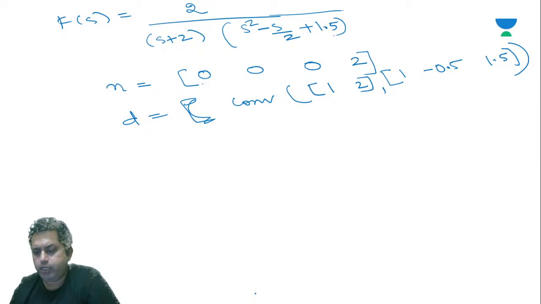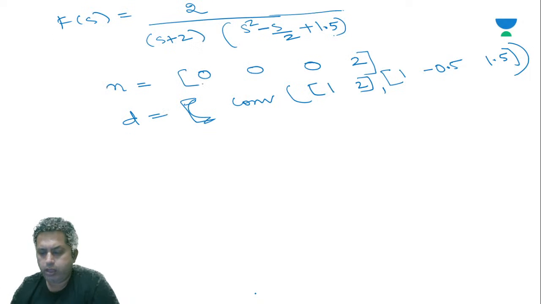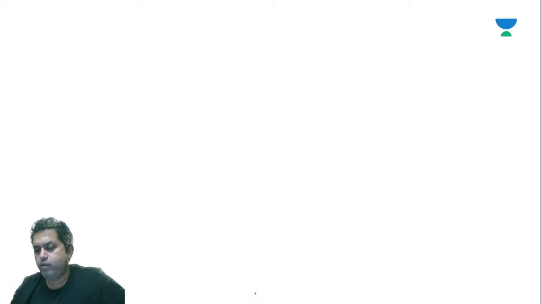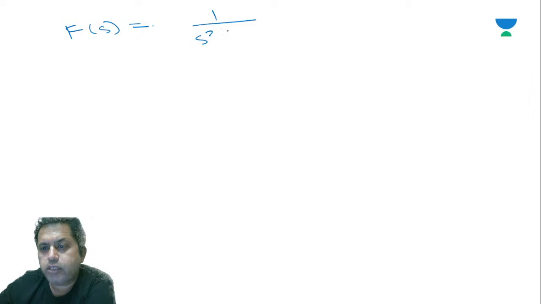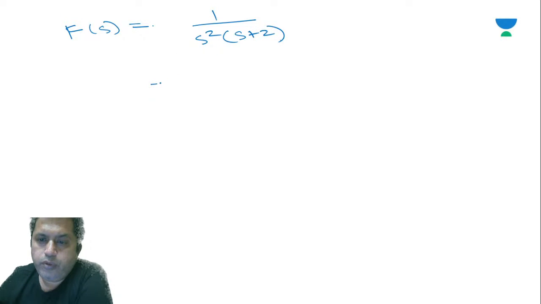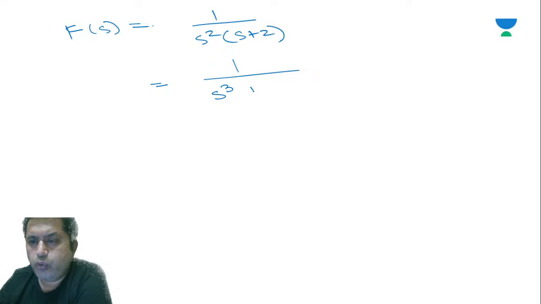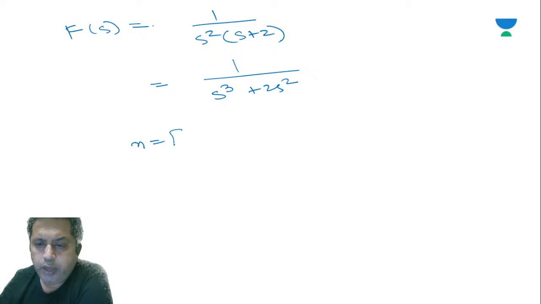Another example, let us see one more example. F(s) is equal to 1 upon s square (s plus 2). So simply you can write this as 1 upon s cube plus 2s square. What is the numerator?